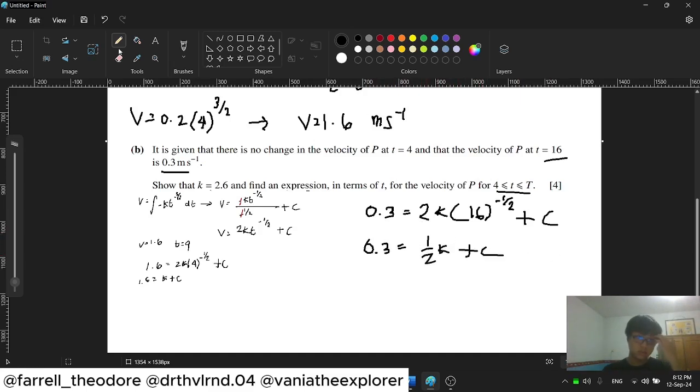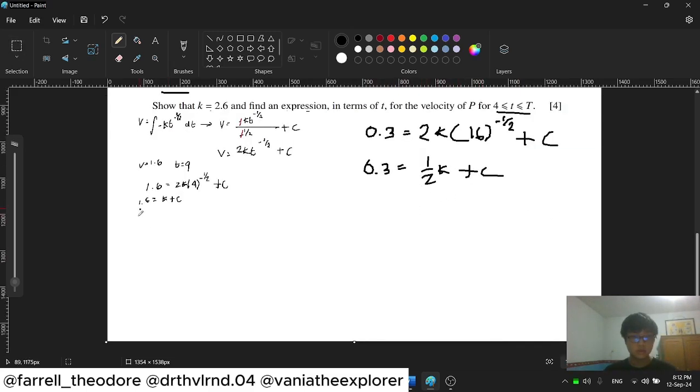Now with these two equations, which are 1.6 equals k plus c and 0.3 is equal to half k plus c, we can do subtraction.